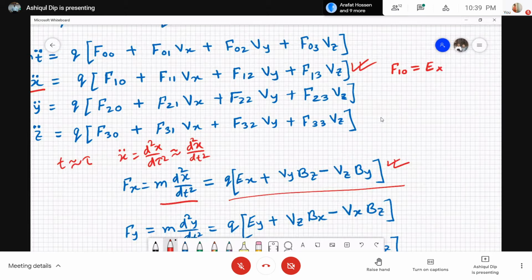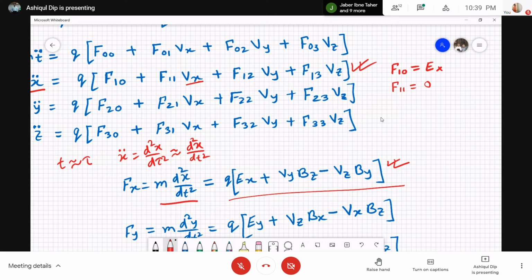Then Vx over there, and we do not have any Vx over here, so f11 should be 0.